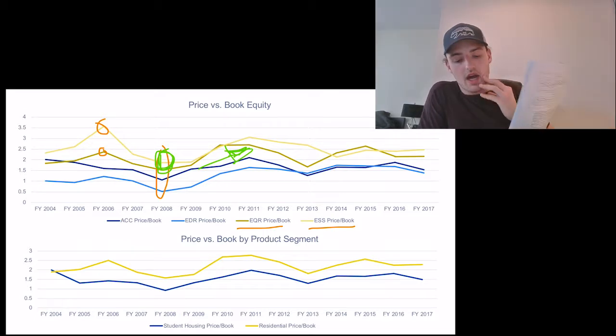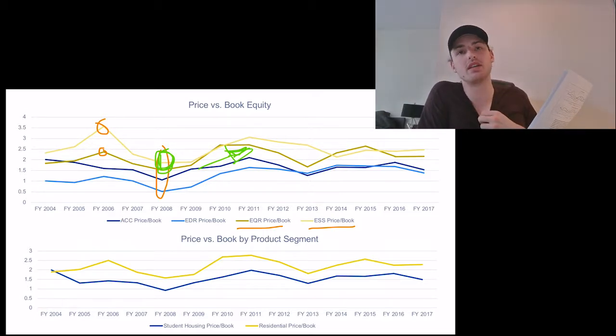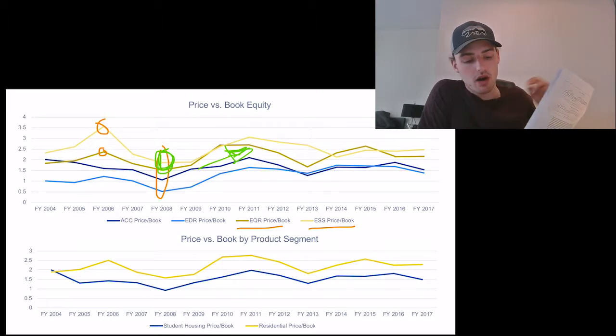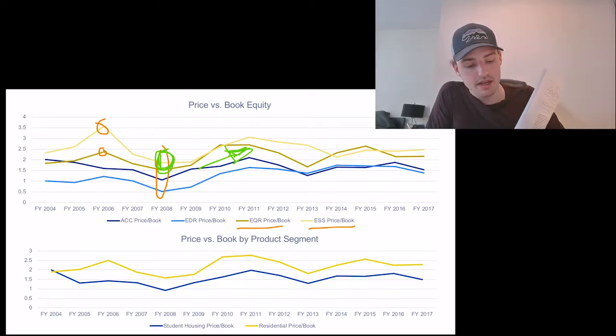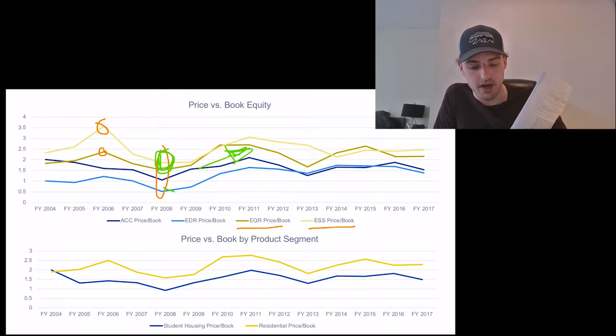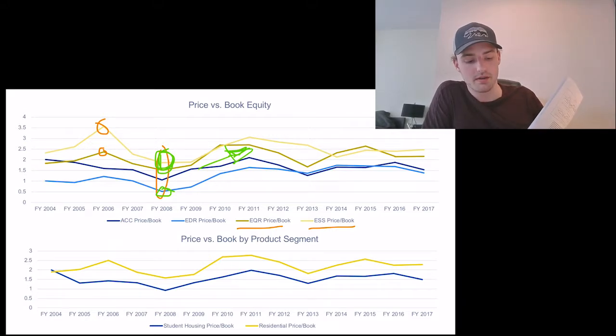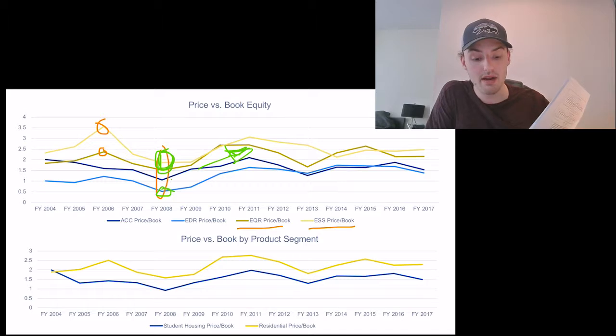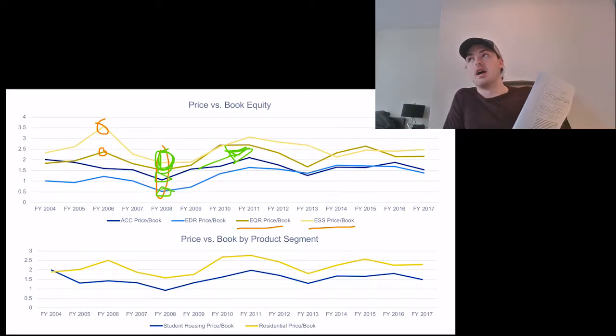Anyways, this might also explain why the price to book is lower generally, right? EDR was inarguably a fantastic buy right here at 50 cents on the dollar price to book, and even ACC got to a reasonable buying price of $1 for $1 in assets.